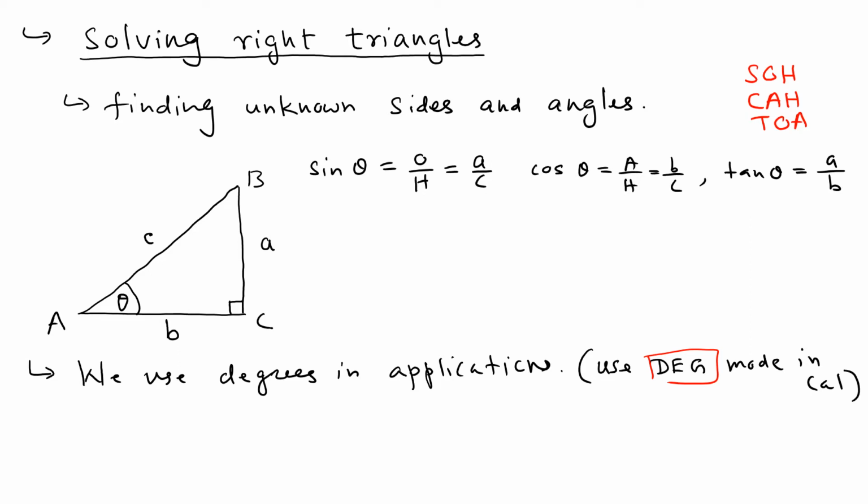And when you take the reciprocal of these, you get the cosecant theta, which is upside down, so hypotenuse over opposite. That means C over A. Then the secant theta, the reciprocal of cosine, is C over B, and the cotangent, the reciprocal of tan, is B over A.